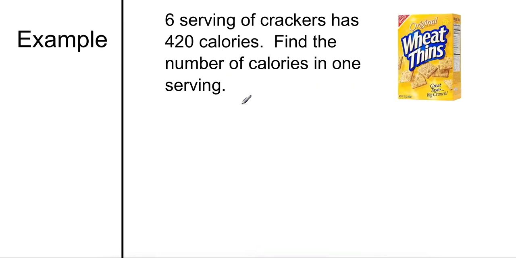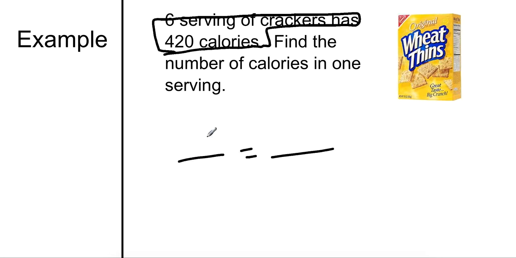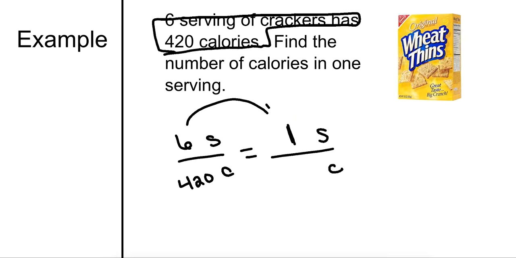So let's look at this example. I have 6 servings of crackers for 420 calories. So just like in our word problems, you will find a comparison. In this case, it's servings per calories. So I have 6 servings in 420 calories. Now I want to find the number of calories in one serving. So how did I go from 6 to 1?